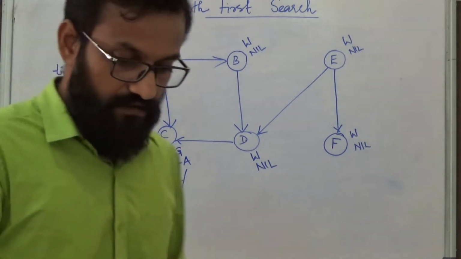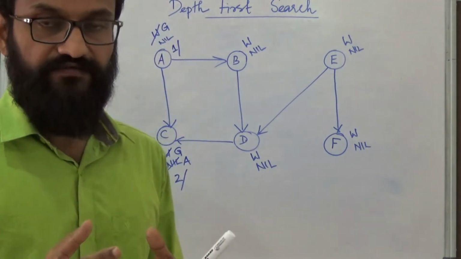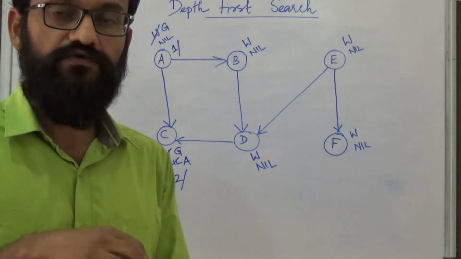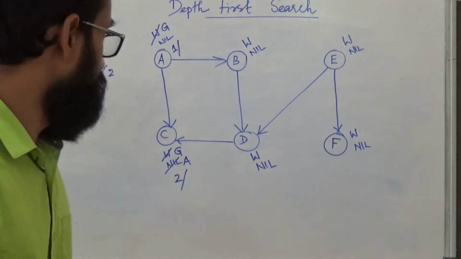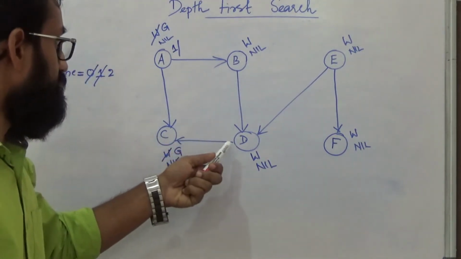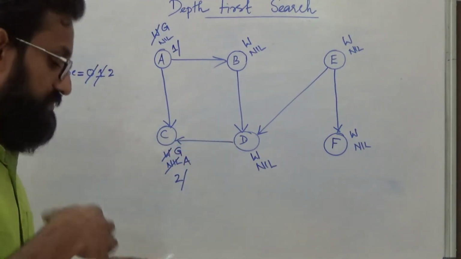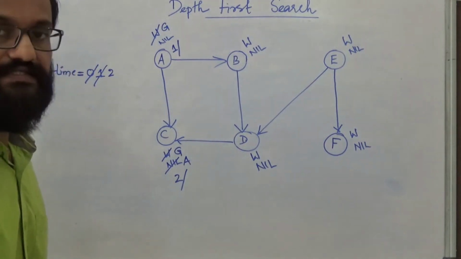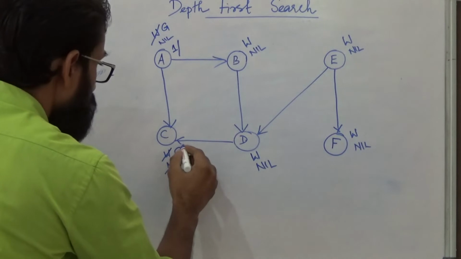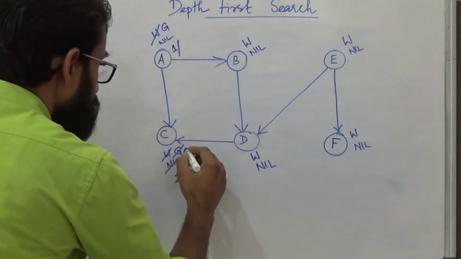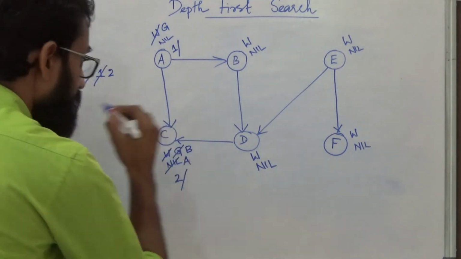Now you are at vertex C. From C you will be checking whether there exists any adjacent undiscovered vertex. C is having no adjacent undiscovered vertex, so it will update the color to black.